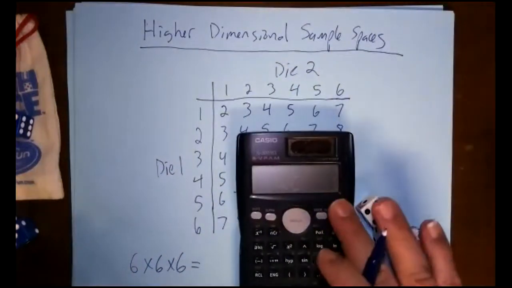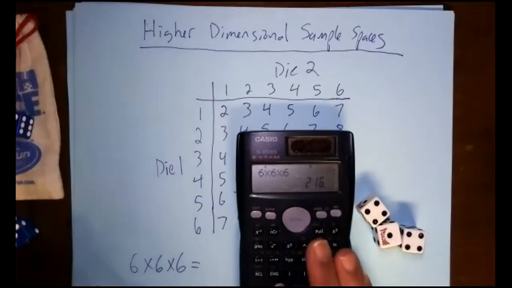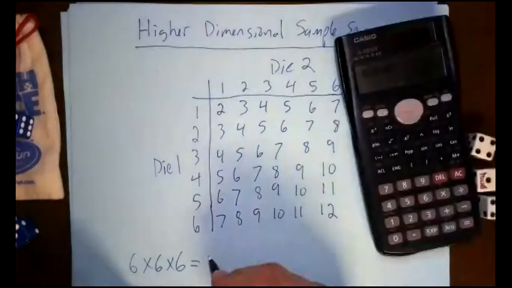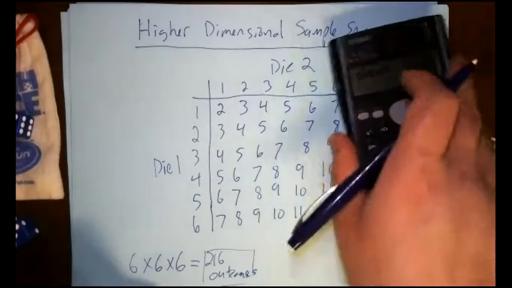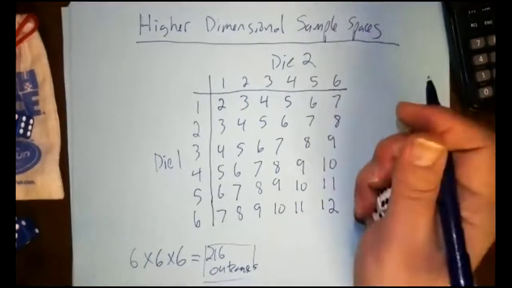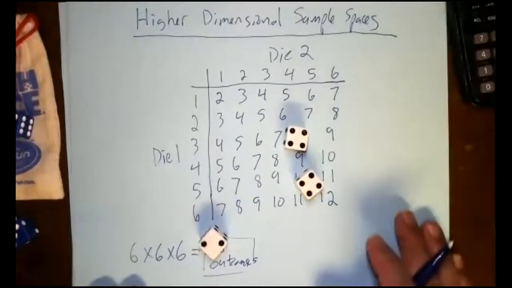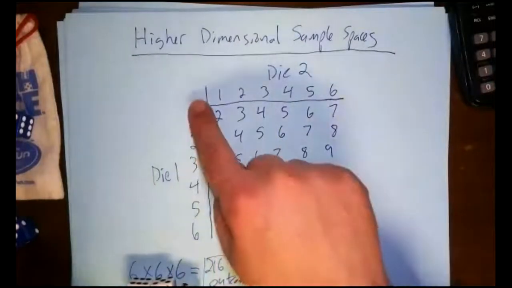And so 6 times 6 times 6 is, I think it's 234. Let me make sure. Oops, 216. So there would be 216 outcomes if you rolled 3 dice, and now your sample space would be 3-dimensional.